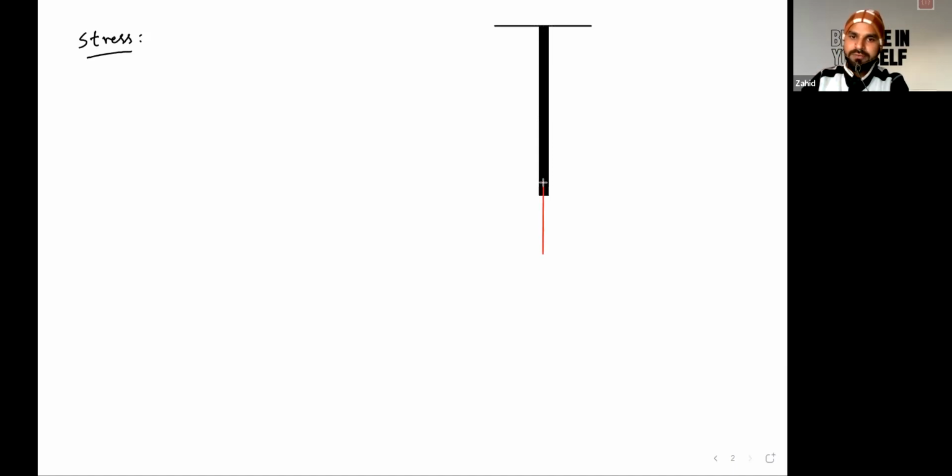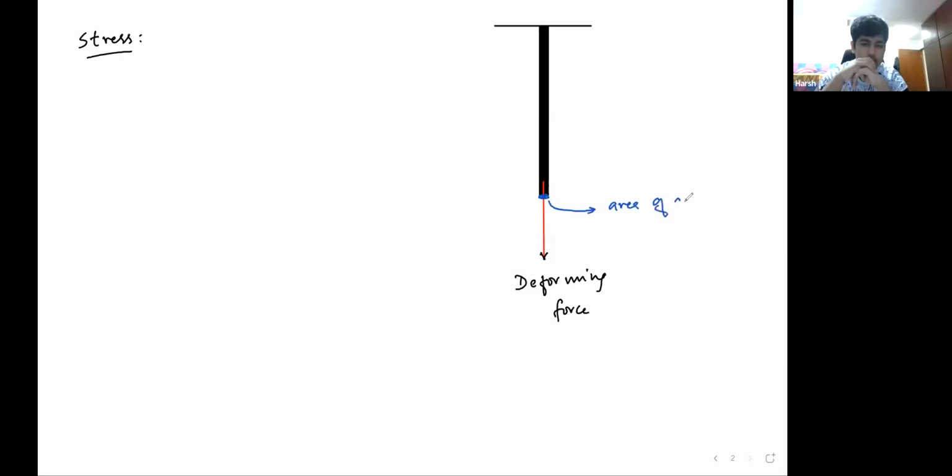And if you apply a deforming force to it along this direction, this is the deforming force which is acting on this particular cross-sectional part. So this is called area of cross-section.